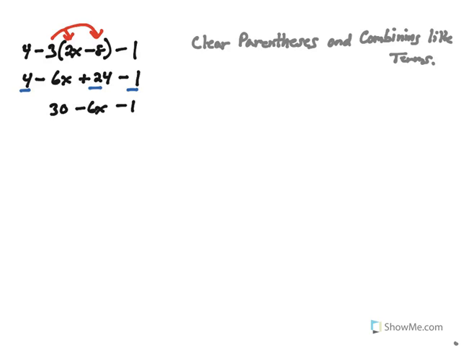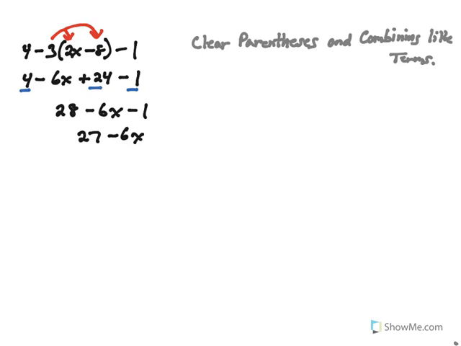I think I did. 4 plus 24 is in fact 28, not 30. Okay, and then we have a -6x and a -1. And then we do 28 minus 1, which is in fact 27 minus 6x.